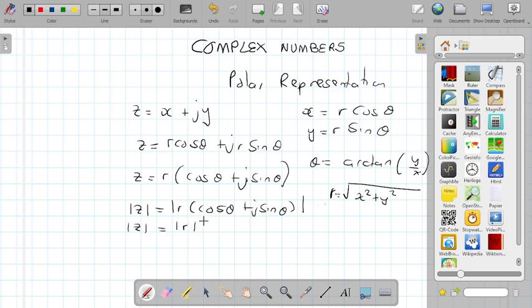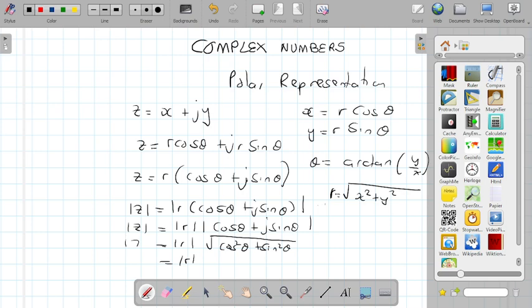What is the absolute value of this? It is the square root of cosine squared theta plus sine squared theta, times the absolute value of r. Now, we all know that what is inside evaluates to 1. The square root of 1 is 1.